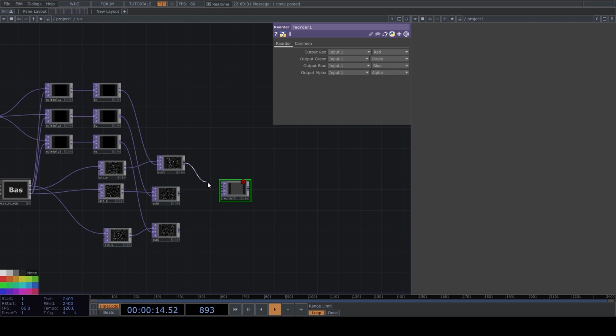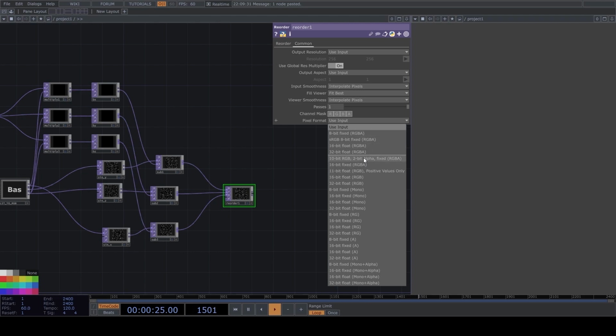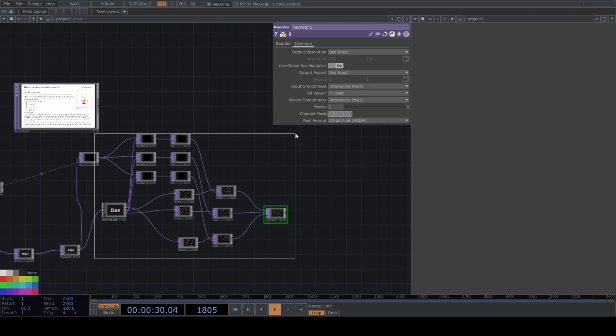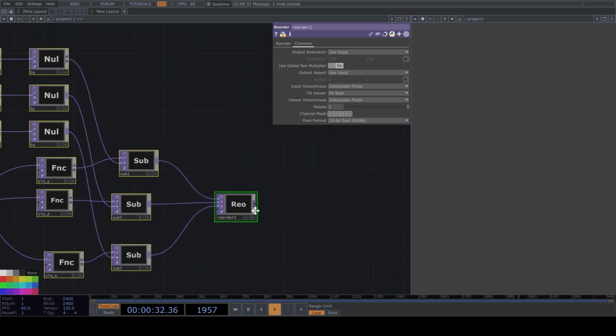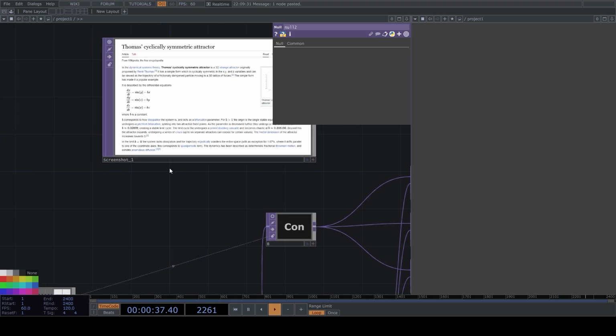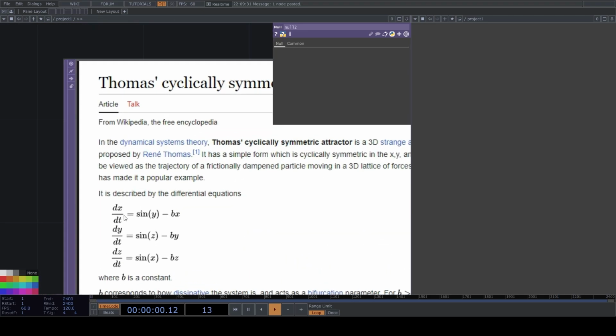Here we need a reorder. And 32 RGBA. And here we could see a DT, and we can use it as a common multiplier for each equation.